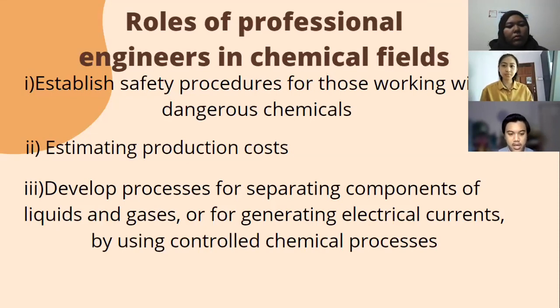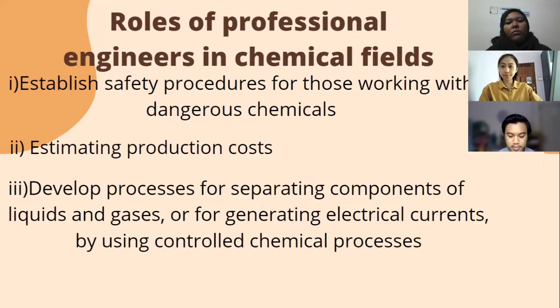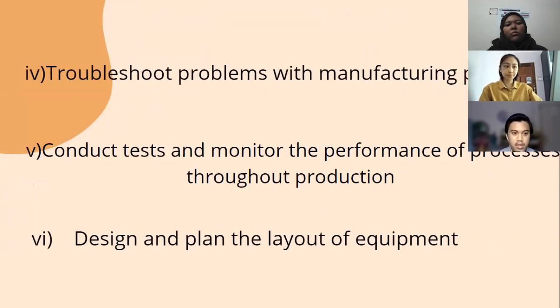Number 3, develop processes for separating components or liquids and gases, or for generating electrical current by using controlled chemical processes. Number 4 is troubleshooting problems with the manufacturing process.